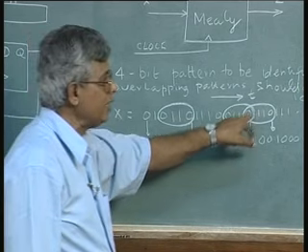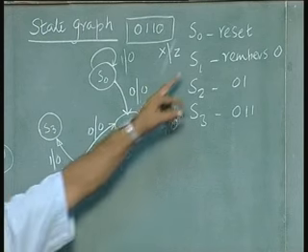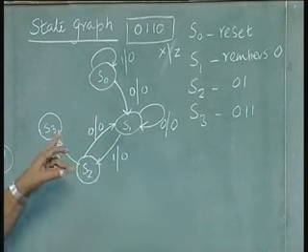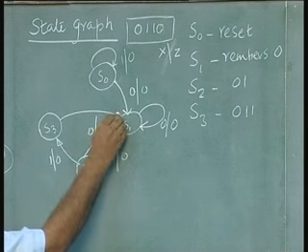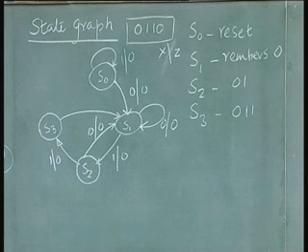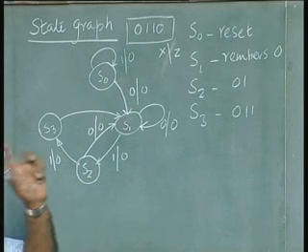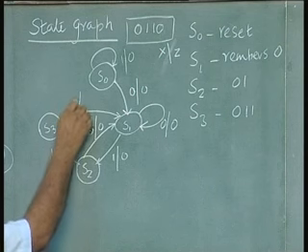So, what is the state which remembers the first 0? S1. S1 remembers the first 0. So, when 0 occurs in S3, you go to S1 so that that 0 will be remembered as the fresh 0 of a next pattern. At the same time, I should get an output of 1, not a 0. This is the only time the output will come. So, when this 0 occurs, the output will become 1.